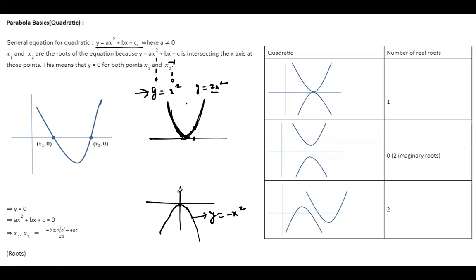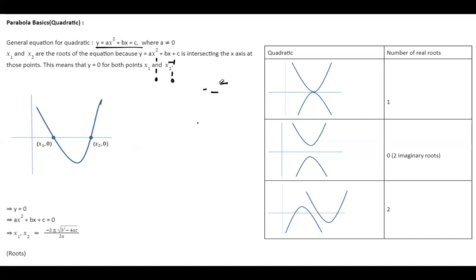Now, one more thing. If I am saying graph of y is equal to x plus 1 the whole square, how will this graph look? I'll choose that point wherein y is 0.